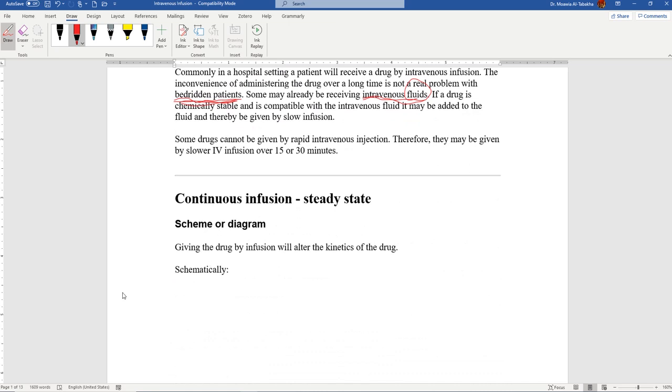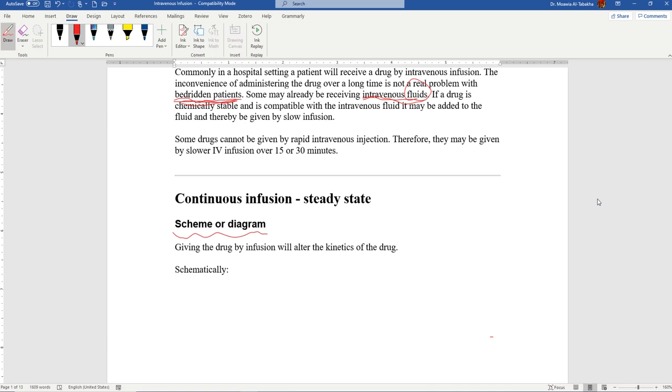Before we start, here we want to draw the diagram that represents a one compartment model, first order elimination and infusion. And the infusion, we are going to represent it as K0.